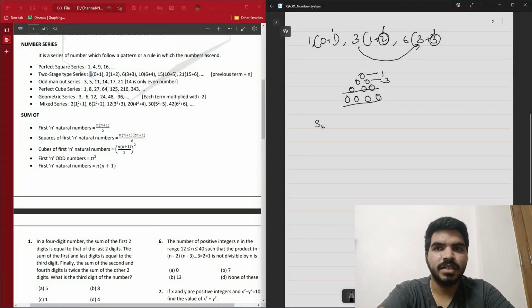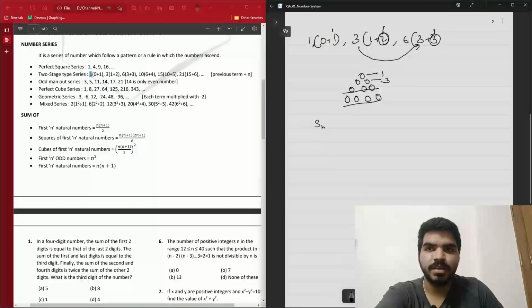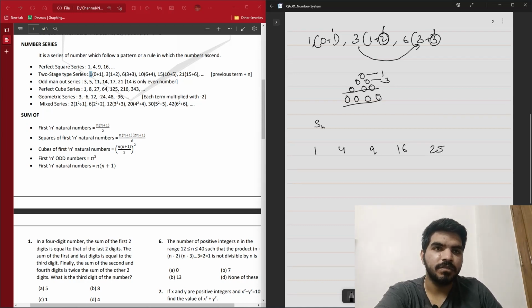There will be an arithmetic progression as well, all the natural numbers. Their square series plus their normal series. I mean, the perfect square series 1, 4, 9, 16, 25, 36 plus their normal numbers.